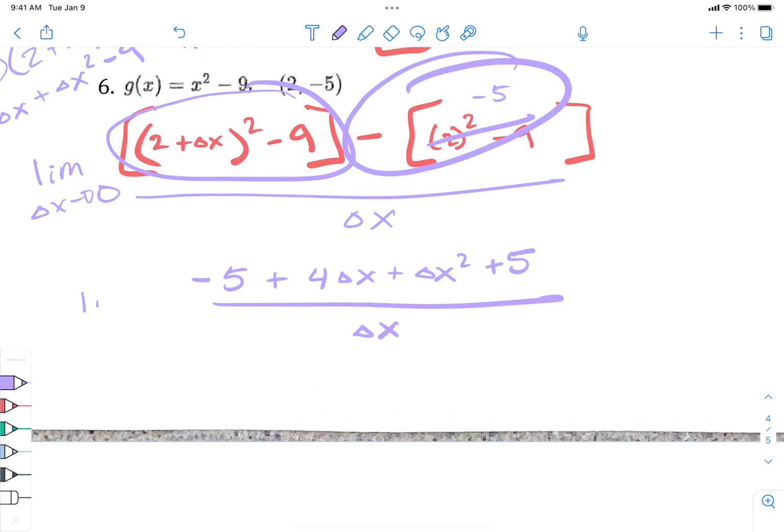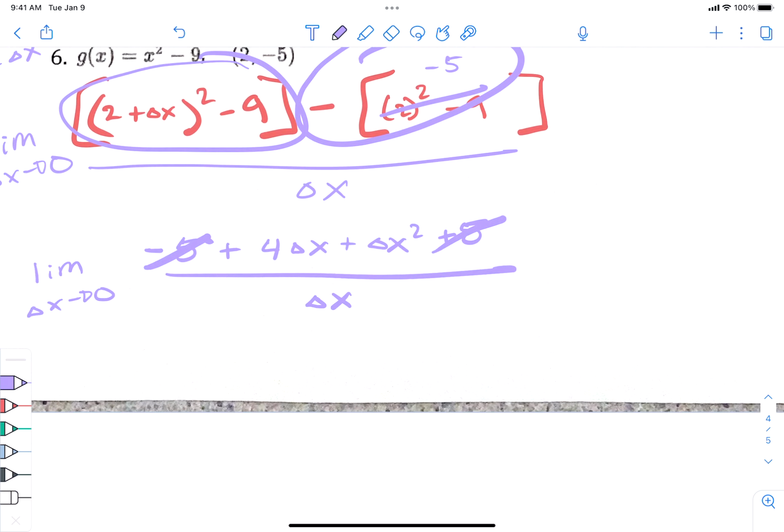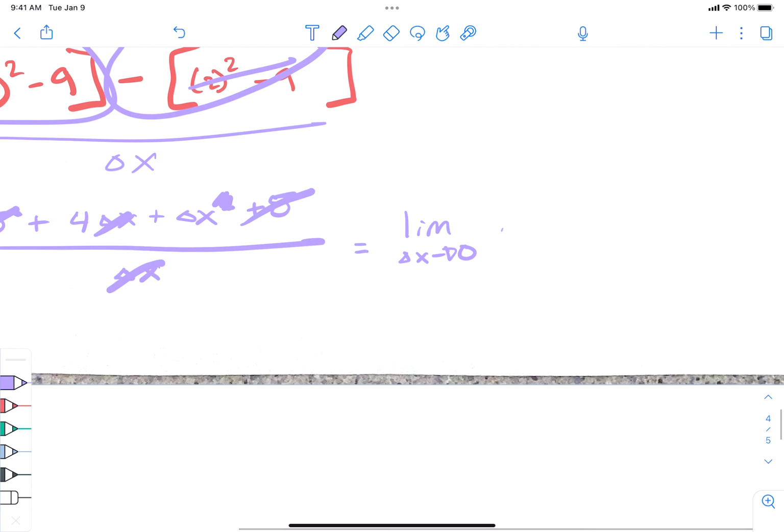Limit as change x goes to 0. The 5s go away. I can take a change x out of here, here, and one of these. So what's left over? 4 plus change x.